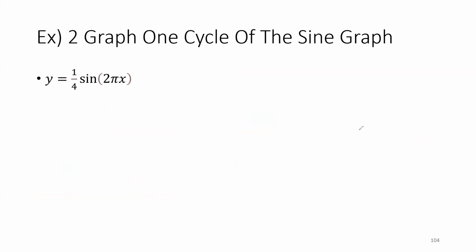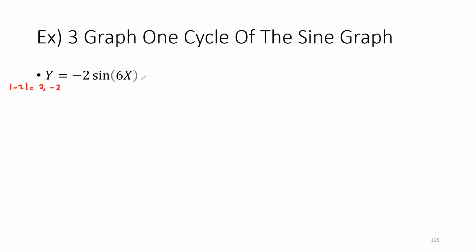Okay, let's move on. Example 3. Okay, so we have graph 1 cycle of the sine graph, y equals -2 sin of 6x. So let's find our max. Our max is related to the amplitude, which is the absolute value of -2, which is 2 and -2.